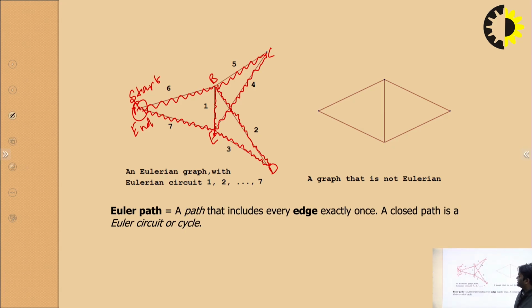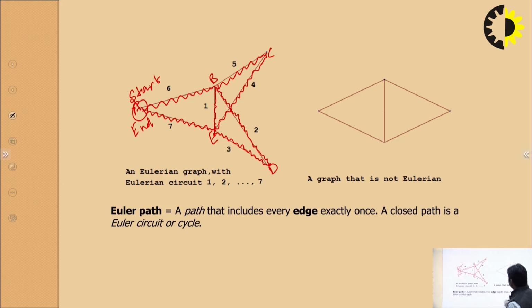In this graph the start and end point are the same, and all the edges are traversed without repetition of any edge, meaning we traverse no edge more than once, and the start and end points are the same, so an Euler circuit forms.